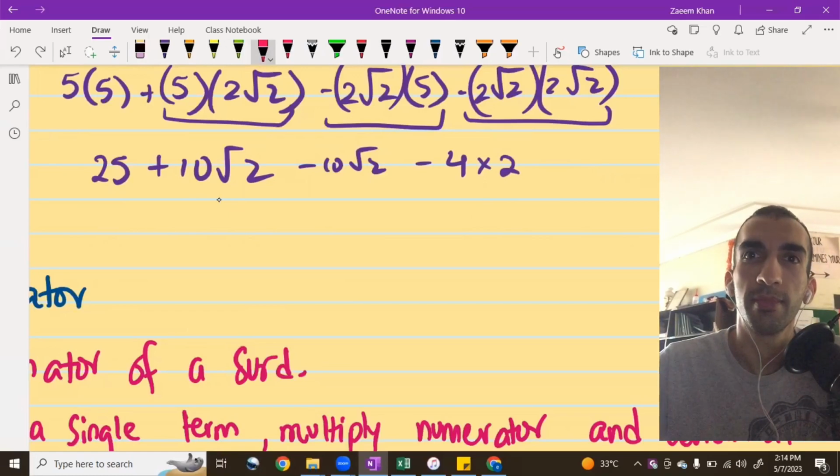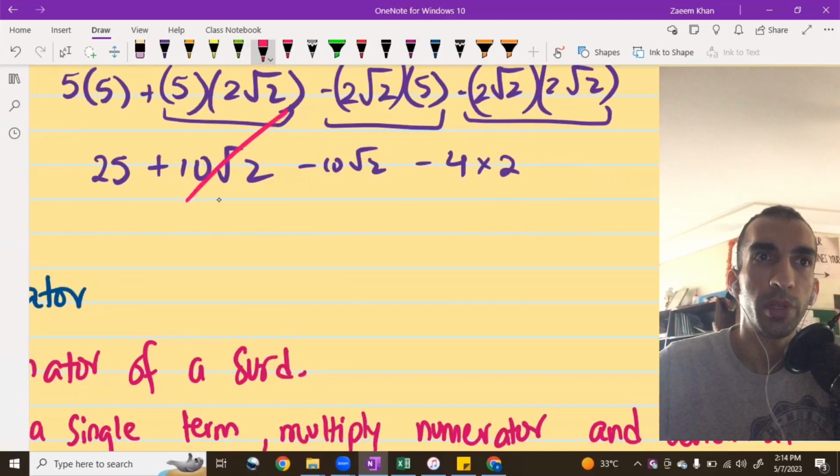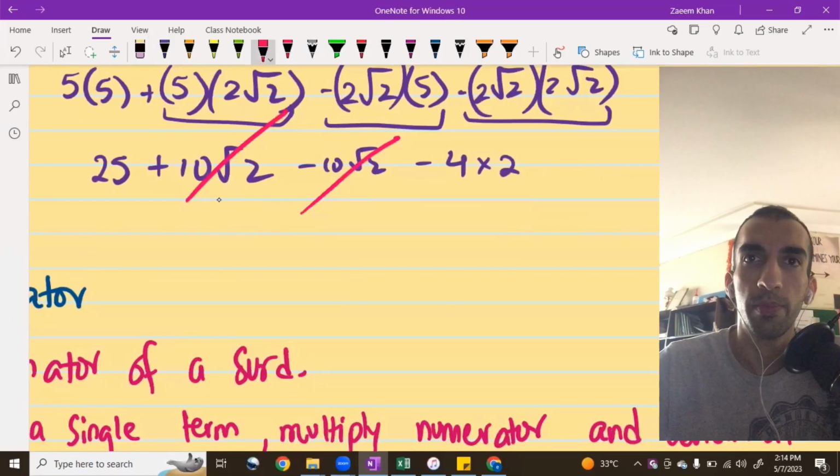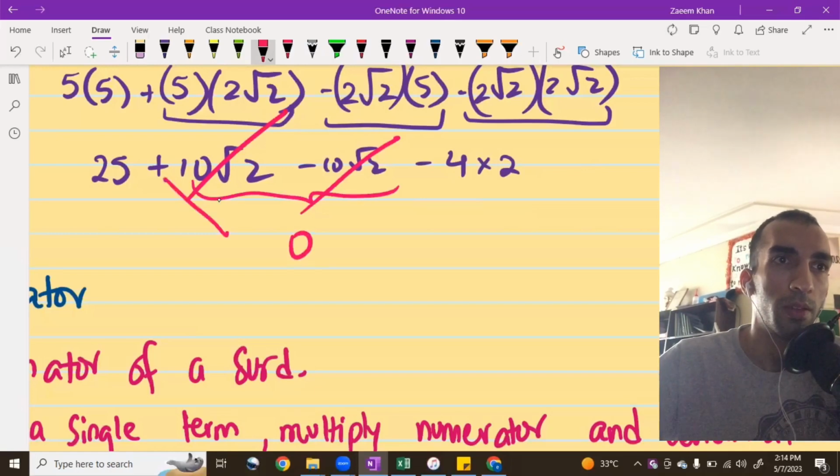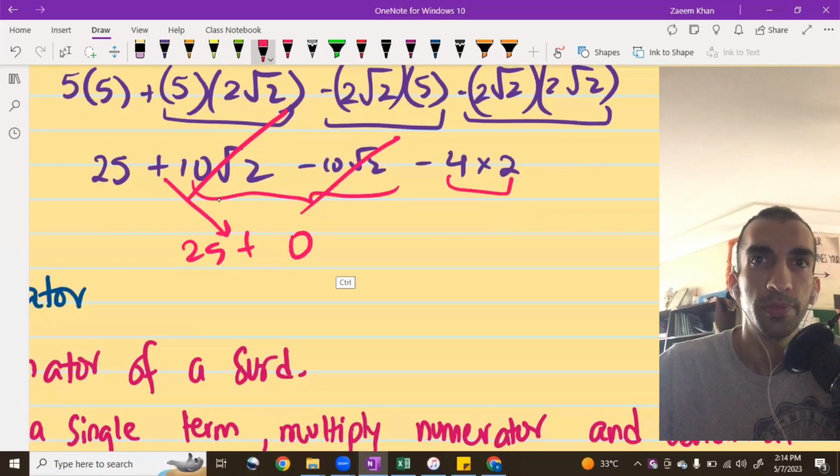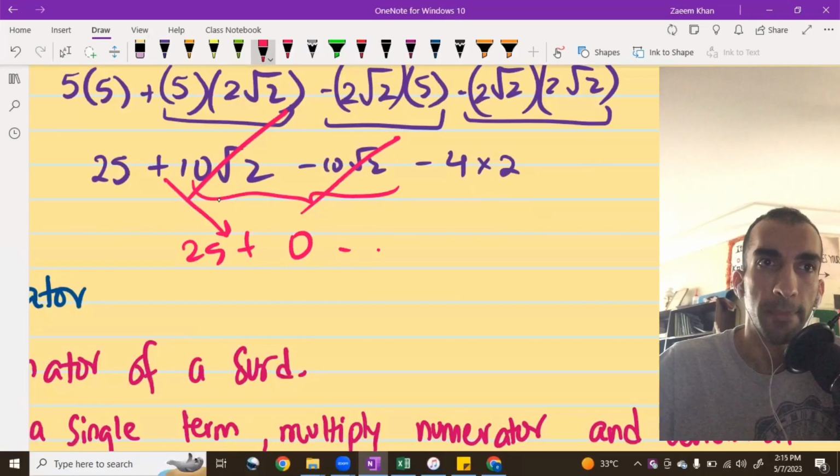10 square root of 2 and then again 10 square root of 2. So if you have 10 square root of 2, take away 10 square root of 2, this essentially ends up being 0. Just 0. If we add 25 to it, and what is 4 times 2? Just 8.